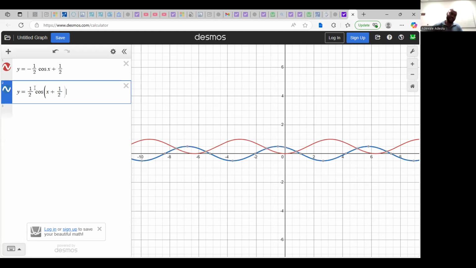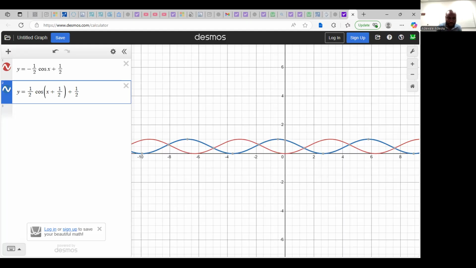Then I have a vertical shift upward of 1/2. Let me check my notes. It should be the same thing.